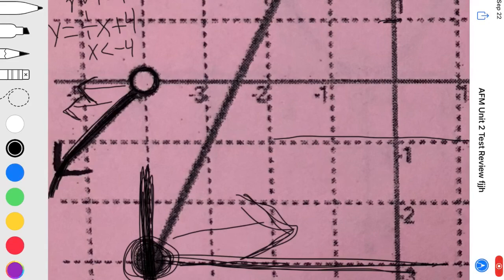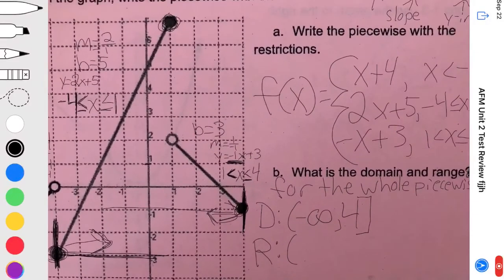If it keeps on going down forever, we have a smallest y value of negative infinity. And then our tallest y value is in the second step at y is 7. So we're going to go all the way up. It's a closed circle, so 7 is included.